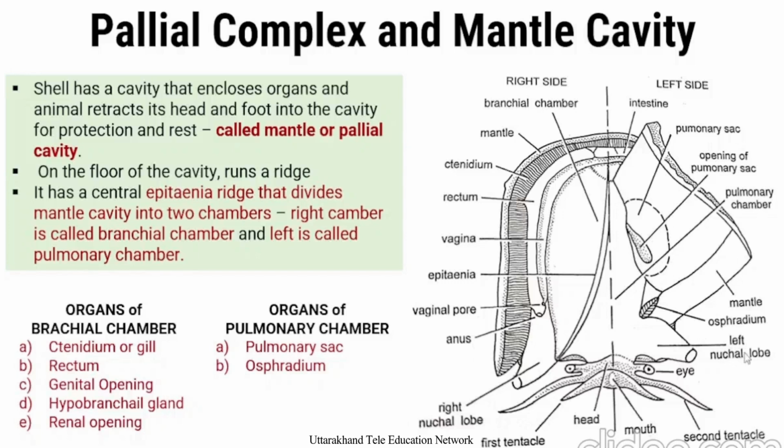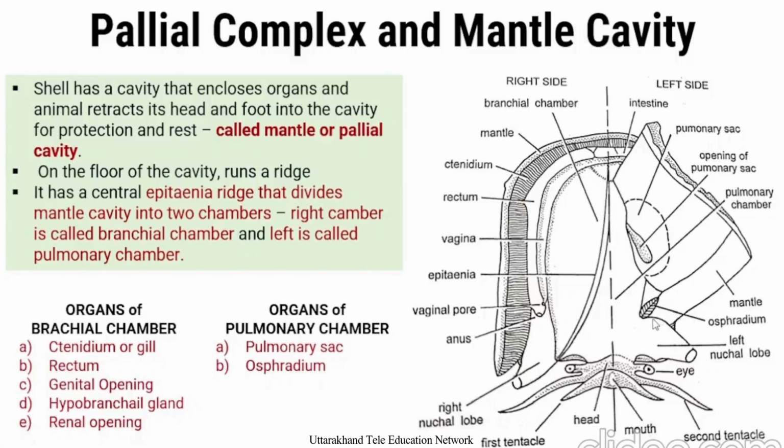Then you can see the osphradium. It arises from the mantle adjacent to the left nuchal lobe and is situated on the left side of the pulmonary chamber. It is a gill-like osphradium and it is bipectinate.